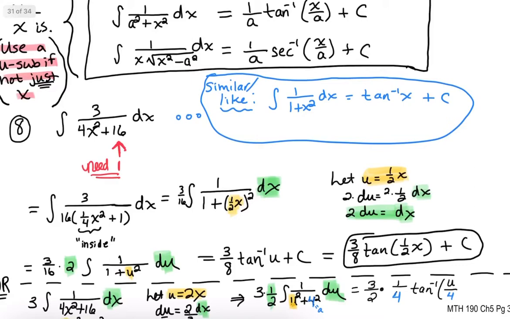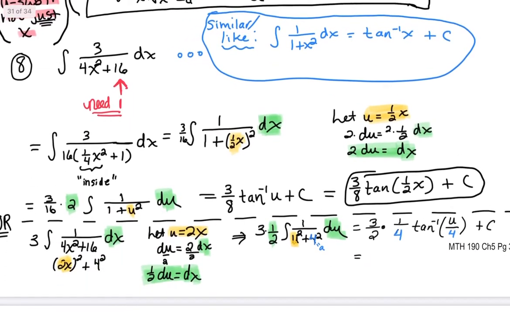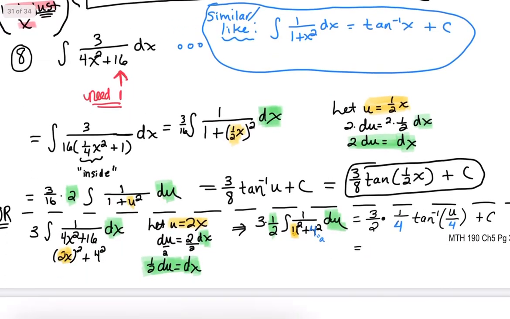All right, so this looks a little different, but we haven't yet simplified it, and we haven't yet replaced our u either. So our last step, we'll clean up our constants here, and then we are going to replace that u. What was u? U was 2x.